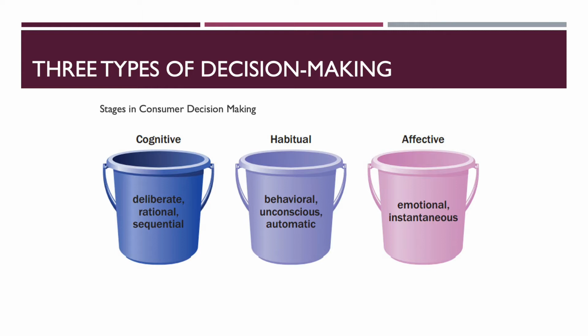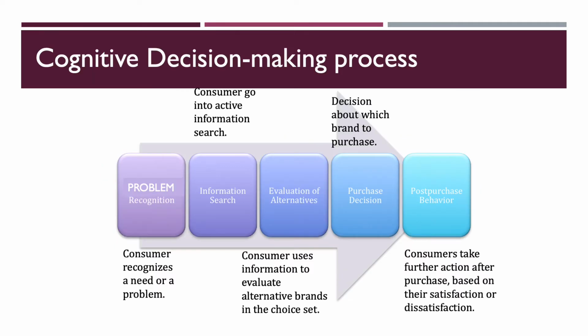And affective decision making is our emotional, instantaneous choices when it comes to purchase decisions. We will learn today the cognitive decision making process, habitual decision making process, and affective decision making process.